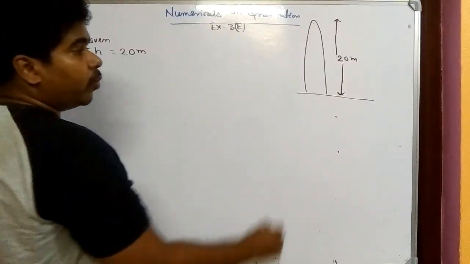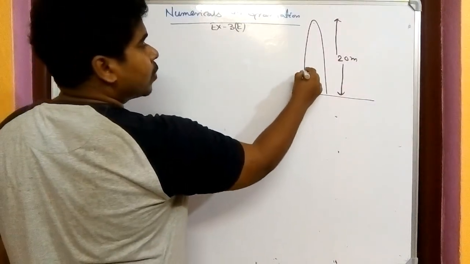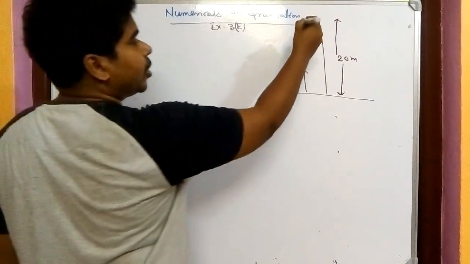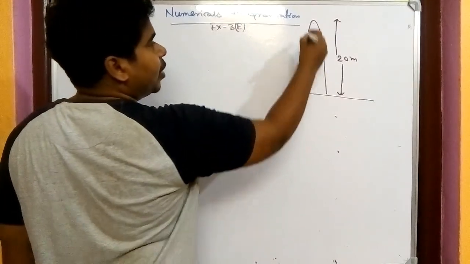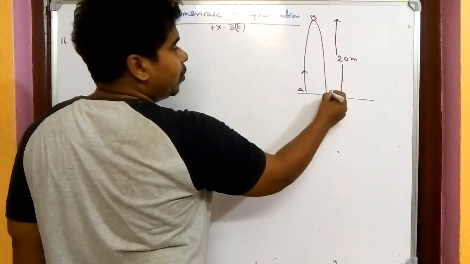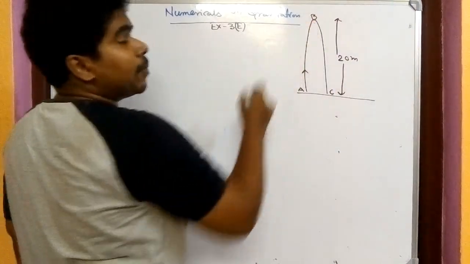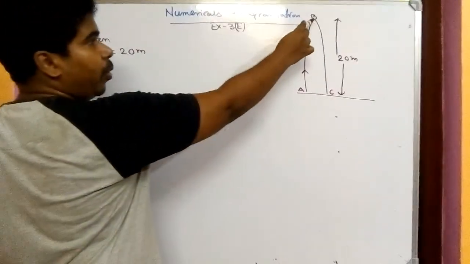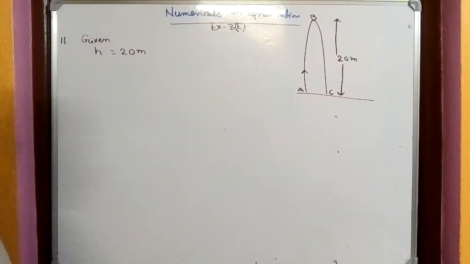Now think: when the ball is thrown in an upward direction from point A, it reaches point B and comes to point C. B is the maximum height point. So at the maximum point, what will be the velocity?